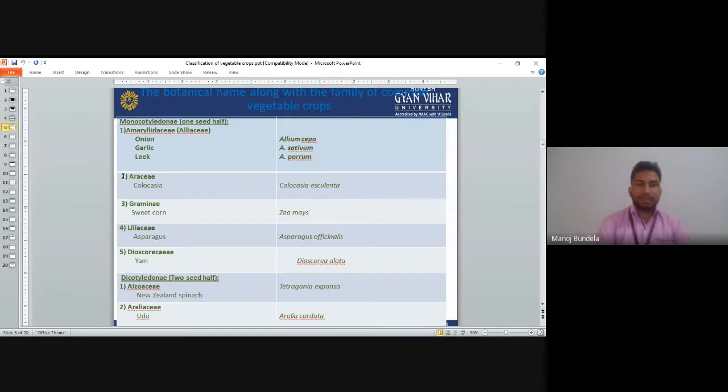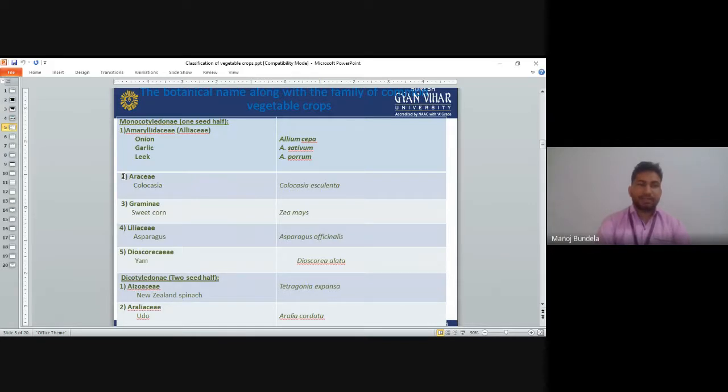In this family, three crops are there. First is onion, scientific name Allium cepa. Second is garlic, Allium sativum. Third is leek, Allium porrum. These all belong to the family Alliaceae, and they are normally grown inside the soil.